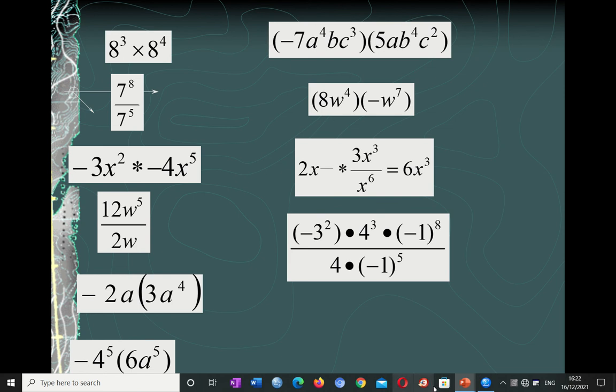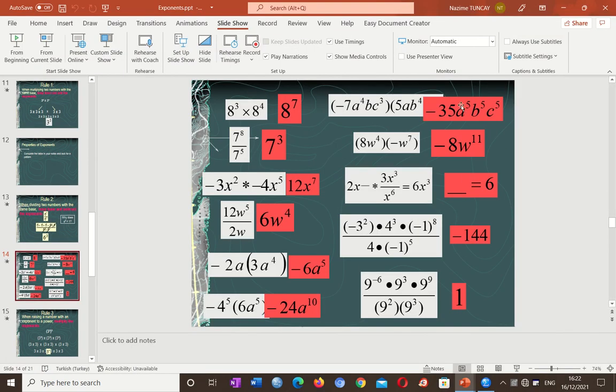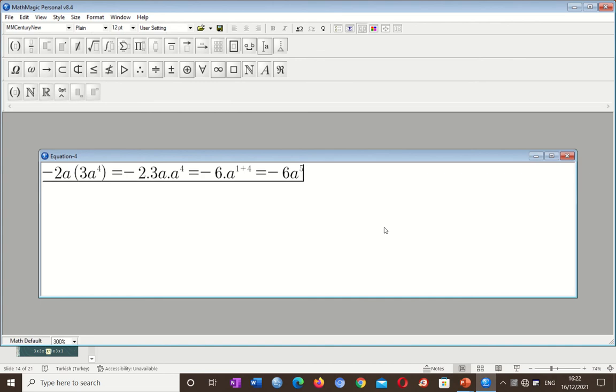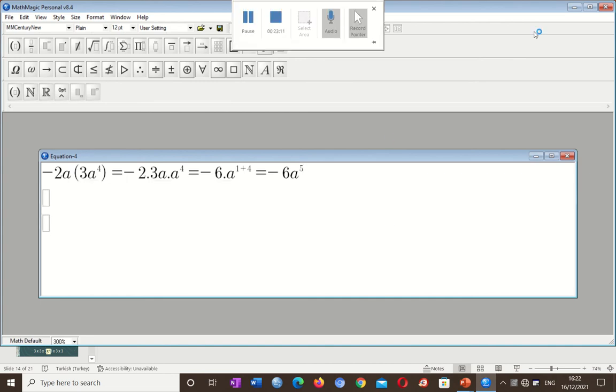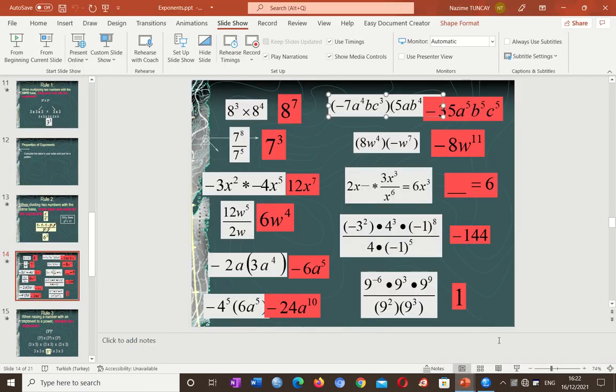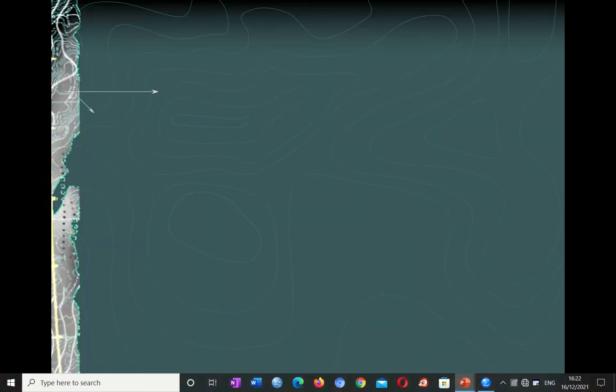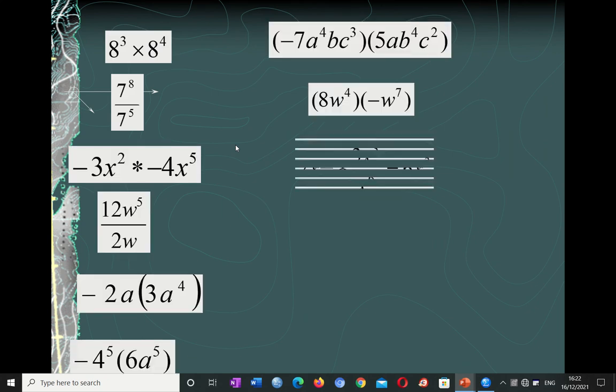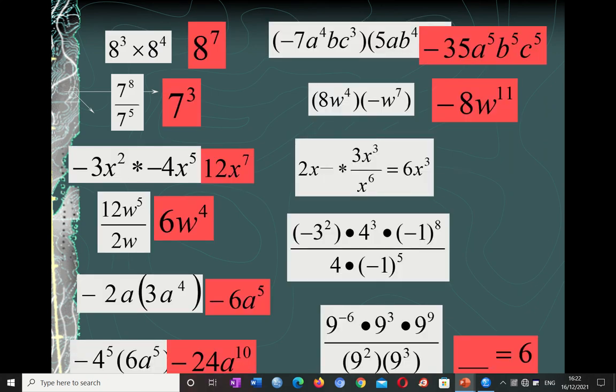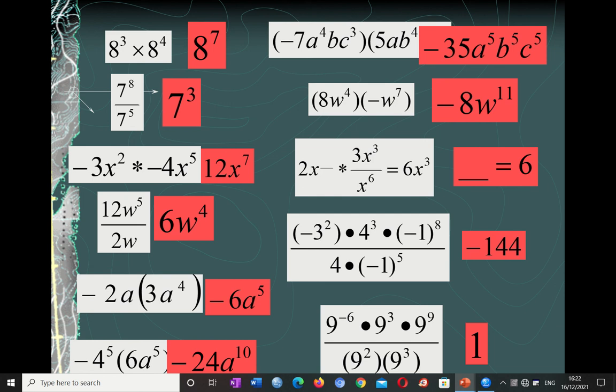So I have here. I'm going to copy them. Wait. You see the answers, but I'm going to explain how you are going to find them. You can take a photo if you want for the answers. These are the answers. You can take a photo, but I'm going to explain.